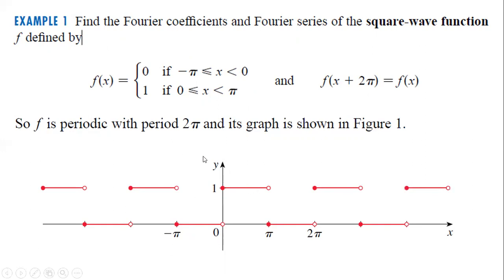So this represents one period cycle, from negative pi to pi. Just take the absolute value, this will give us 2 pi. Since this is pi and this is also pi, adding these two gives us the period 2 pi.